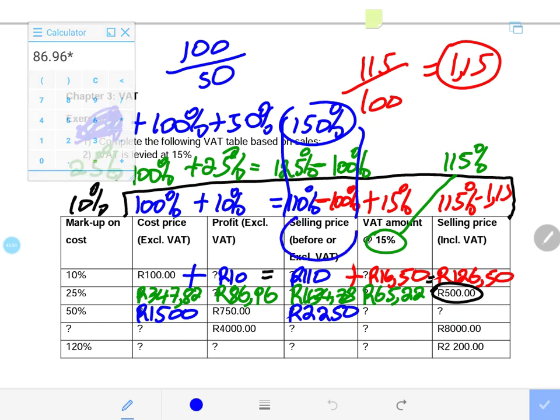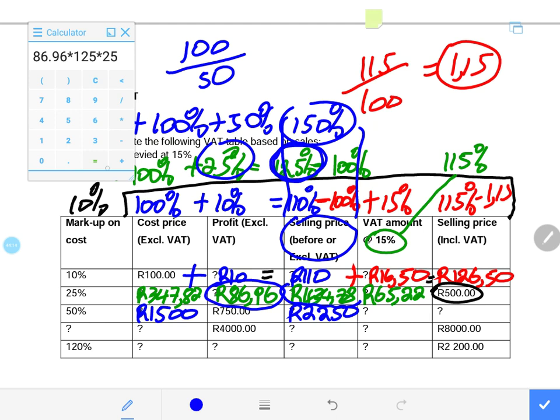This gives us 20. That is not correct. That will be 86.96. We multiply that by 125, which is what we're looking for. We divide by the percentage of the amount we have, and the percentage of the 86.96 is 25. So we divide by 25.